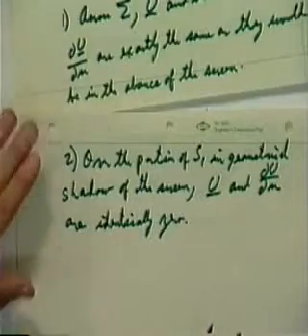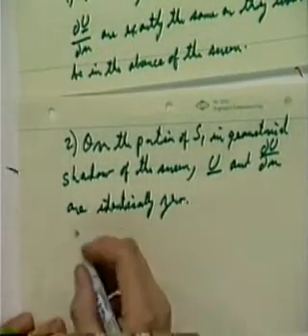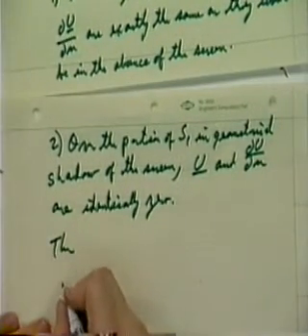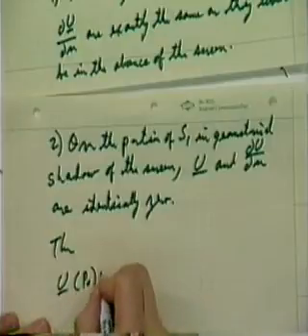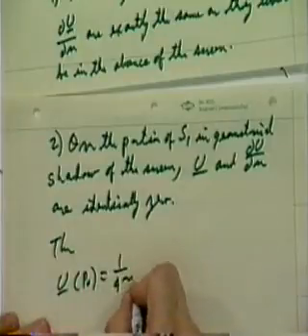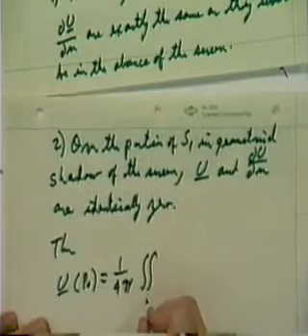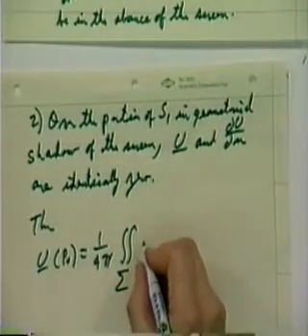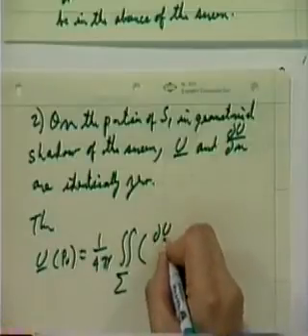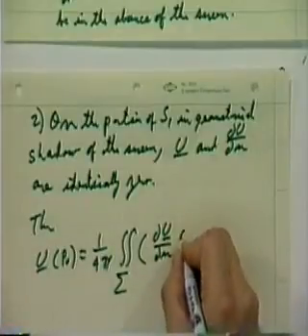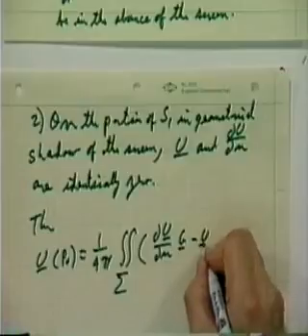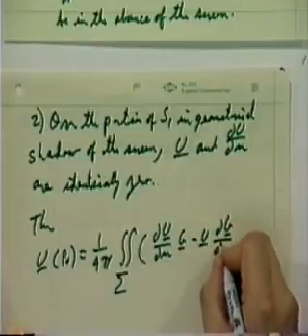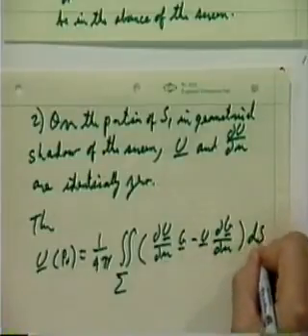And then, if that's true, u of p naught is 1 over 4 pi. Now our integral simply becomes over the open portion of the aperture, and same thing as before, partial of u with respect to n times g minus u partial of g with respect to n ds.